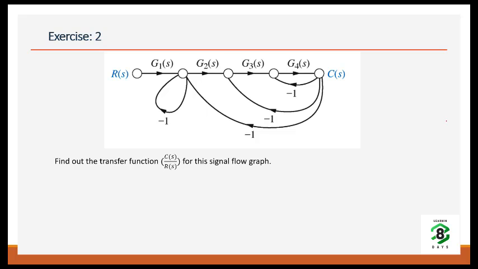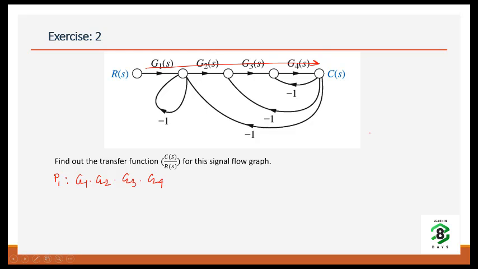All right, we'll go to the next problem. Next problem, we have to find the transfer function between C and R. We'll follow the same process. Let us find the forward path. It starts from R going through this. So this has only one forward path, and that is given by P1. The path gain is G1, G2, G3, G4.